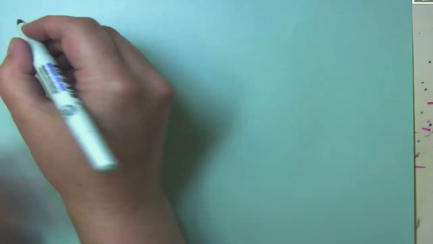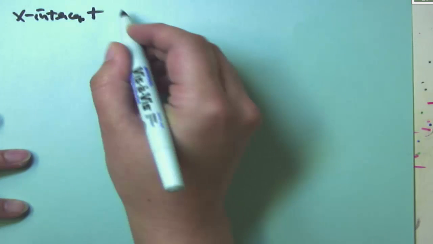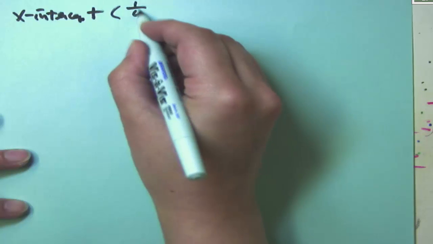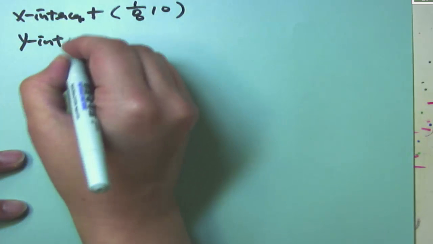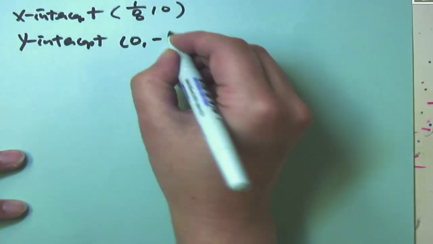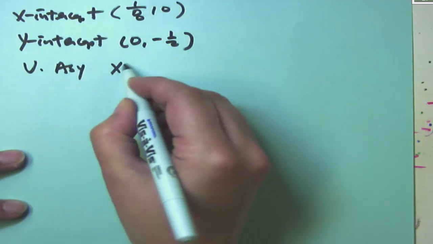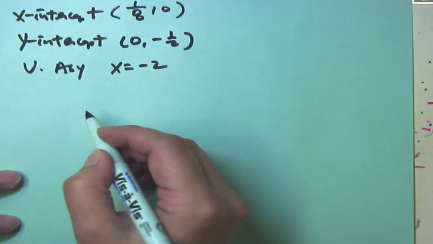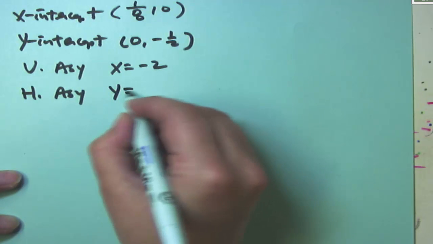to graph this. So earlier we already found that the x-intercept is 1/8, and then the y-intercept is (0, -1/2), and you have a vertical asymptote of x equal to -2 and a horizontal asymptote of y equal to 8.